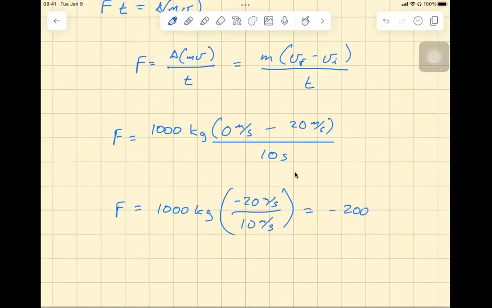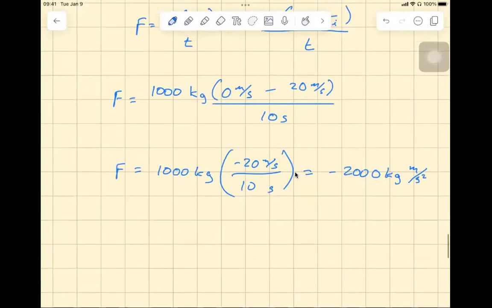Let's see, I wrote this wrong. Let me erase this. This is meters per second divided by second. So that's meters per second squared. So it's 2,000 kilogram meters per second squared. Well, what is that?